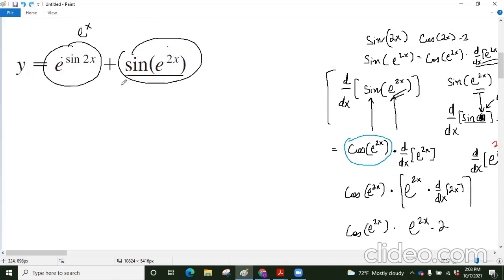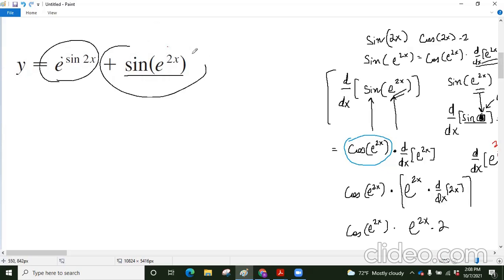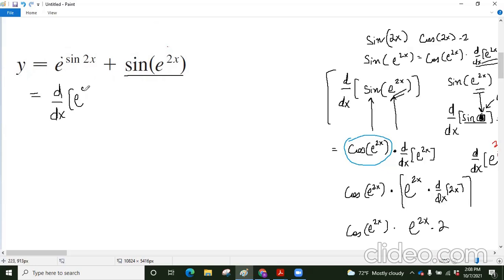So the idea is that when we're doing two functions added together, we can take the derivative of the individual functions. So we can say e to the sine of 2x plus the derivative, and I'm not actually taking the derivative yet.